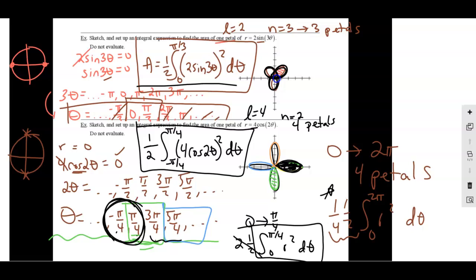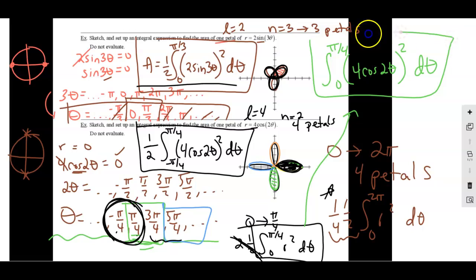Because then I could have those cancel, and let's do it over here. I need a different color, right? I'm just going to rewrite this one over here. It's 0 to pi over 4, then r squared d theta, and then my r value was 4 cosine 2 theta. That's fine, and these two are equivalent.